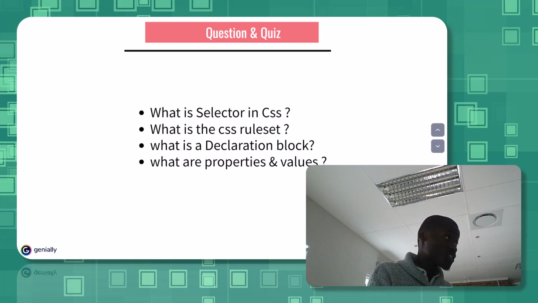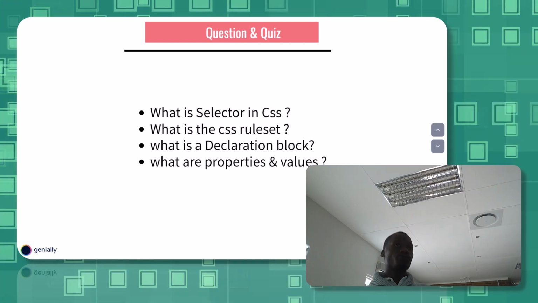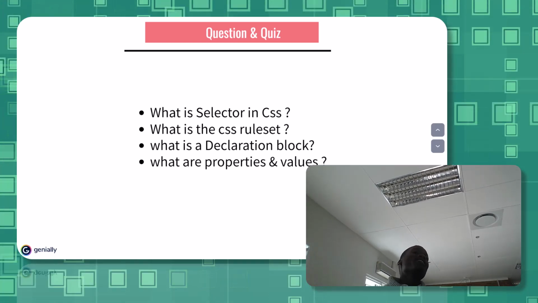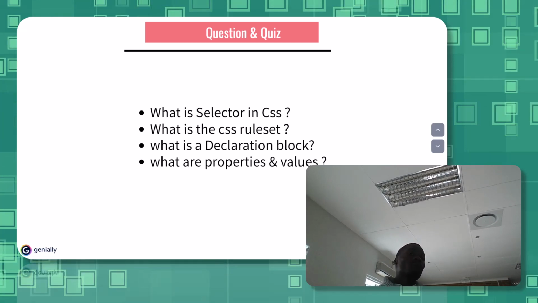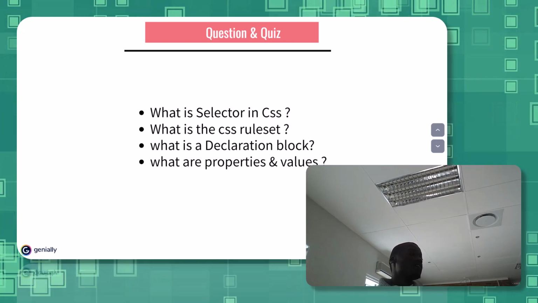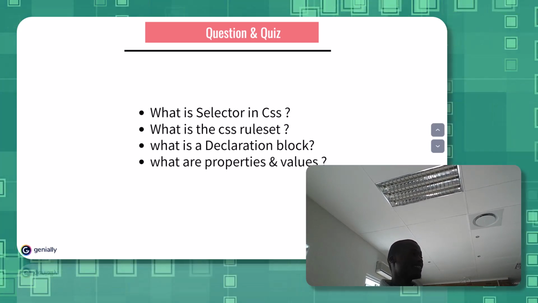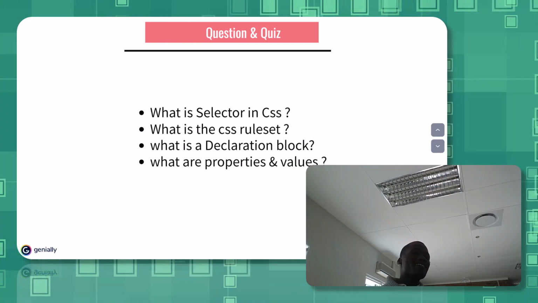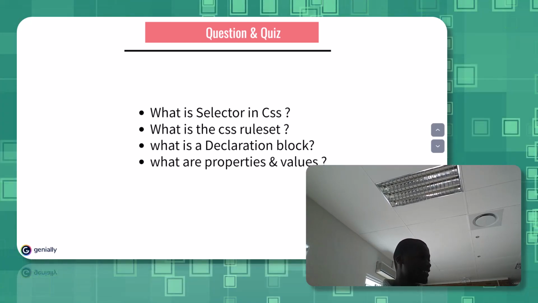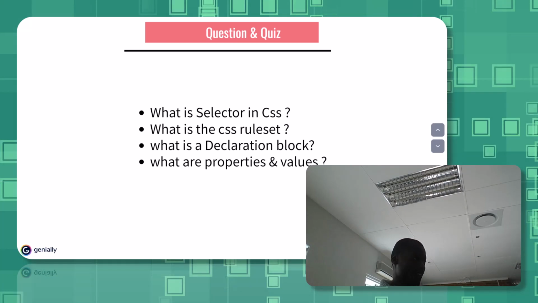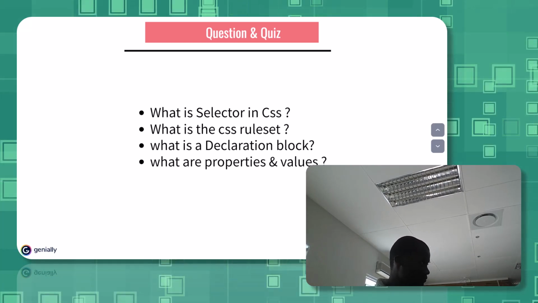So I asked you guys what a selector was, and you gave me an answer. Sister, what is the CSS rule set? Okay, try. The CSS rule set is when you make like this whole thing.